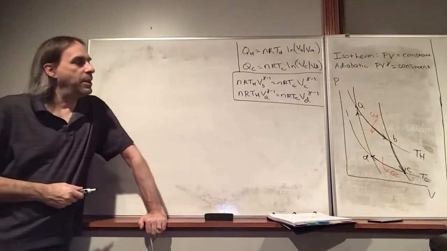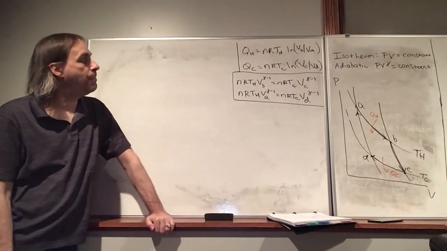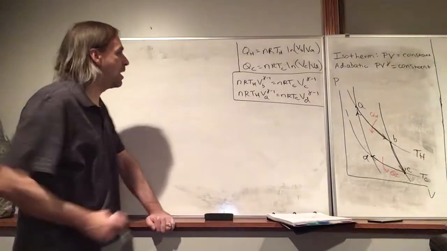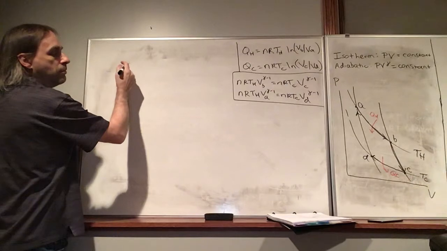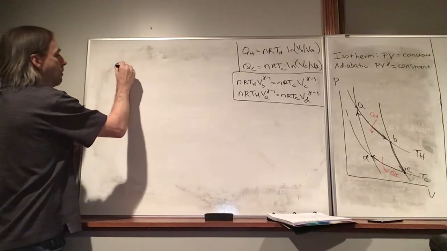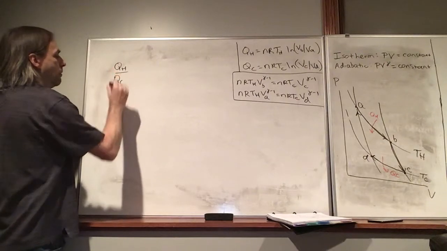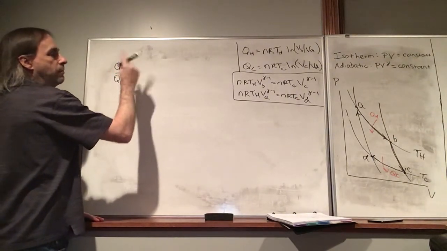So now what we want to do is combine all of these things. What I'm going to do is start out by looking at QH over QC. Let's do that.